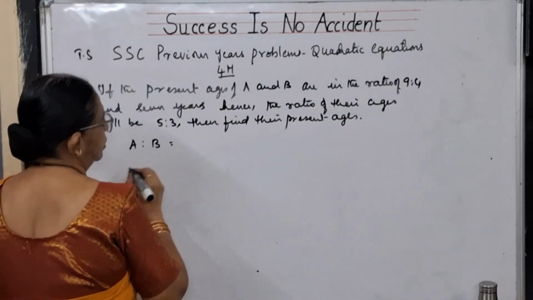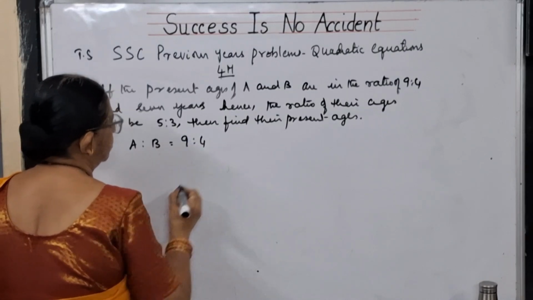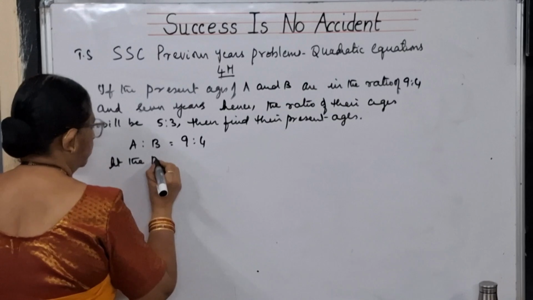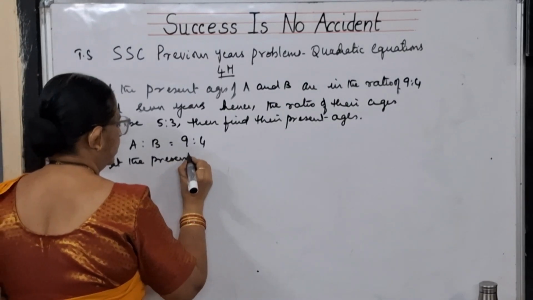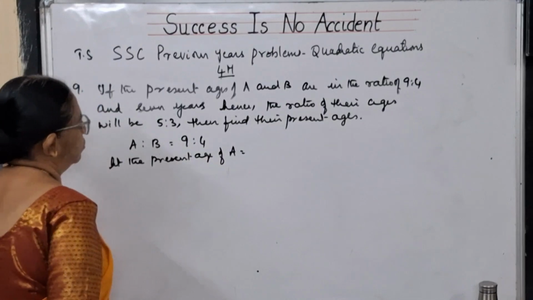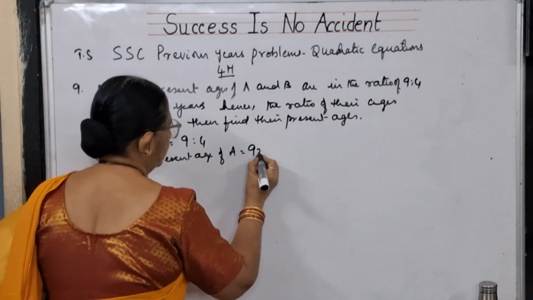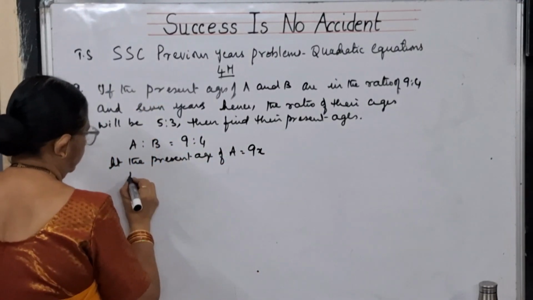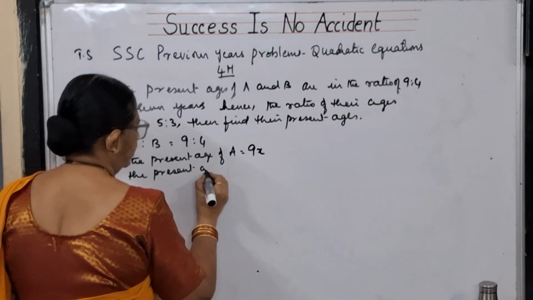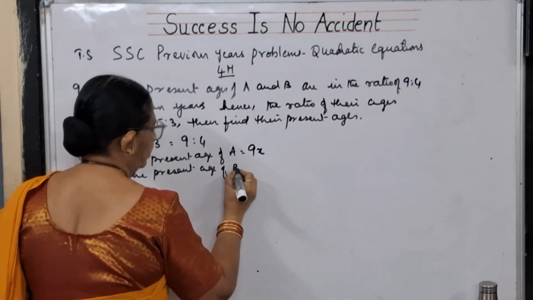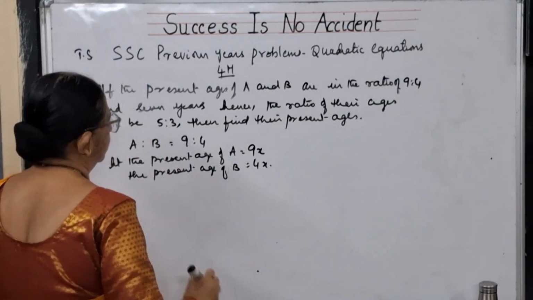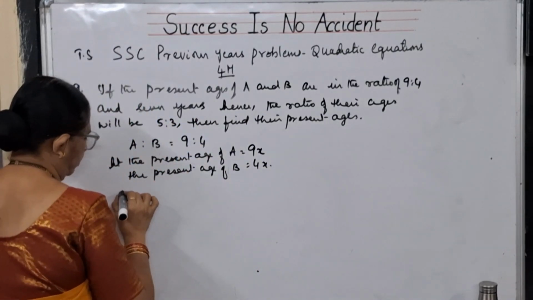So what did they give? A is to B is equal to 9:4. Let the present age of A be 9x, and the present age of B be 4x. Okay, 7 years hence.